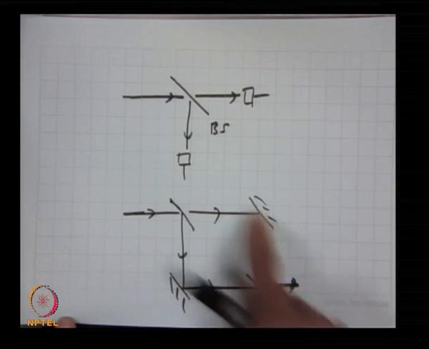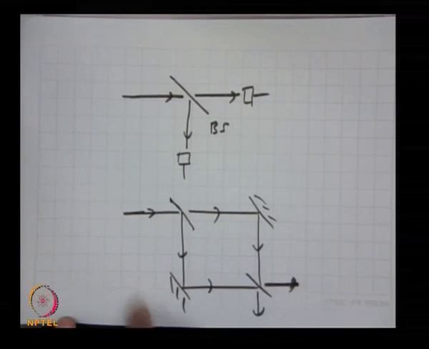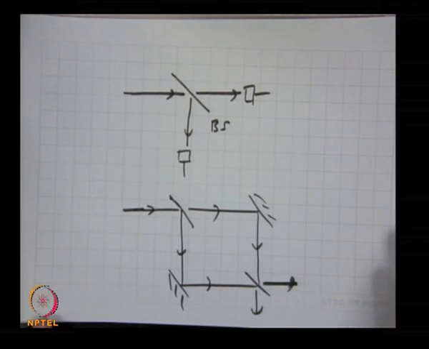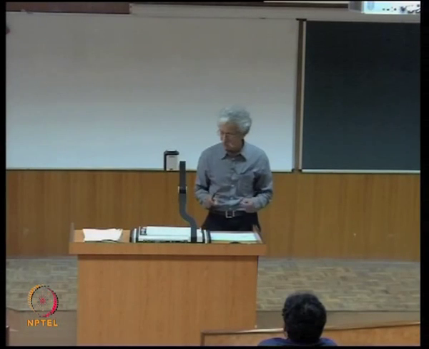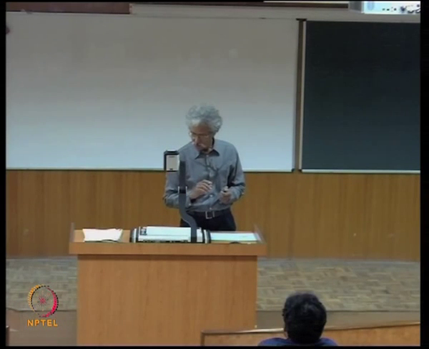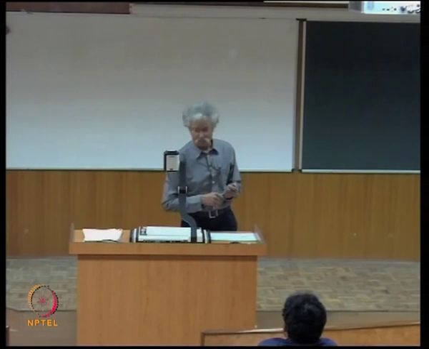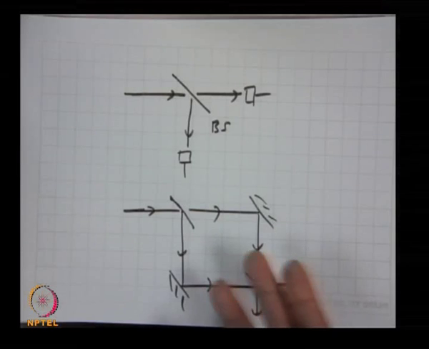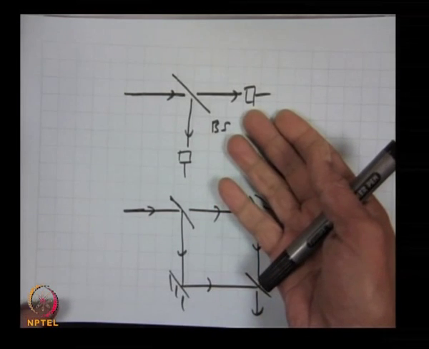So it looks as if the photon is sensing both arms. It is at both places simultaneously. So the picture of a particle going here and there is not a very correct picture for photons. Somebody said, maybe the photon knows that this interferometer is there, so it will take both paths, and if it knows you are putting in a detector, it will go through one of the paths.